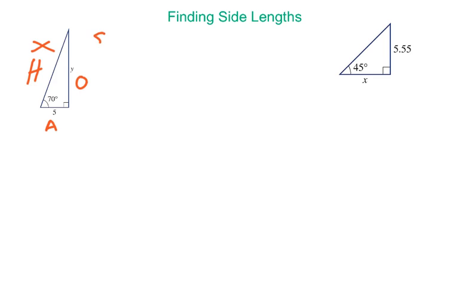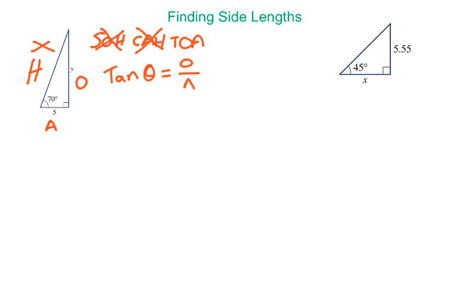So when you look at your rule, SOHCAHTOA, this can help you pick which rule you're going to use. Anything with the h in it for the hypotenuse will be unuseful to you. So that leaves me with tan theta is equal to opposite over adjacent.